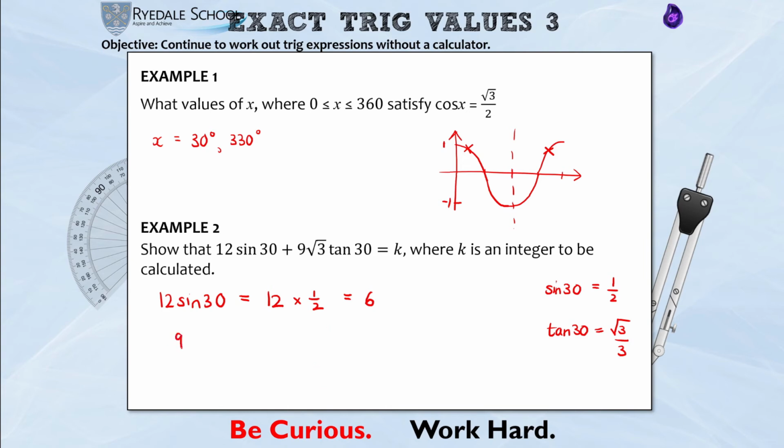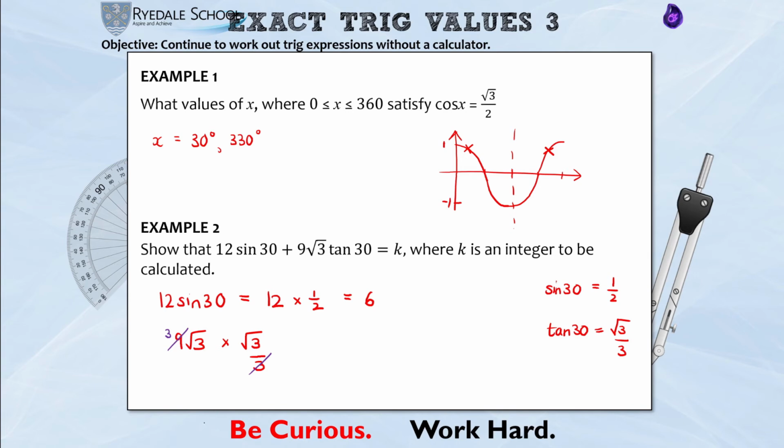It's going to be a little trickier with the other one, because we've got 9 root 3 times root 3 over 3. So I'm going to do a little bit of cancelling first, because if you times something by 9 and then divide it by 3, that is just like timesing it by 3 instead.